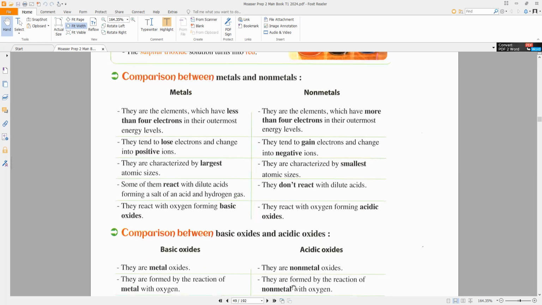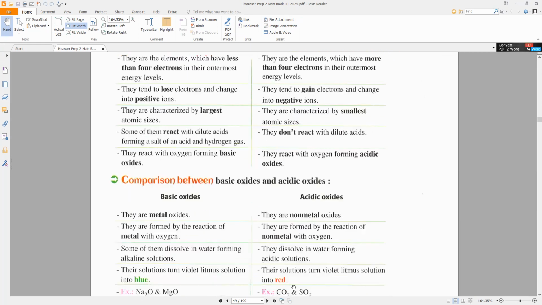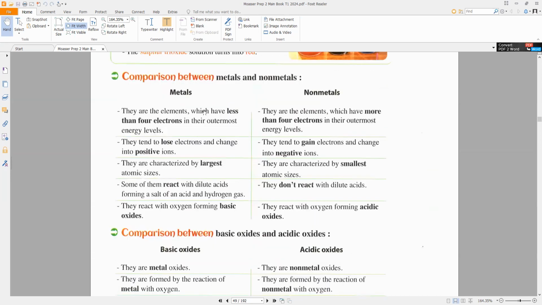This is the difference between metal and non-metal, and between basic oxide and acidic oxide. The metal has less than 4 electrons, the non-metal has more than 4 electrons. The metal loses electrons and changes to a positive ion, the non-metal gains electrons and changes to a negative ion. The metal has the largest size and the non-metal has the smallest size.